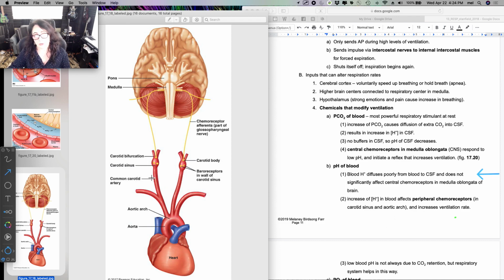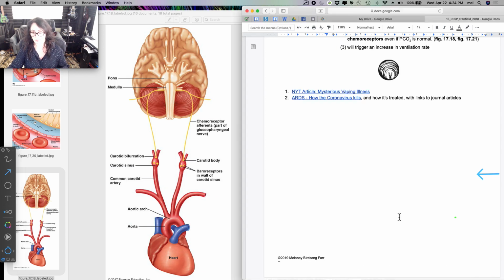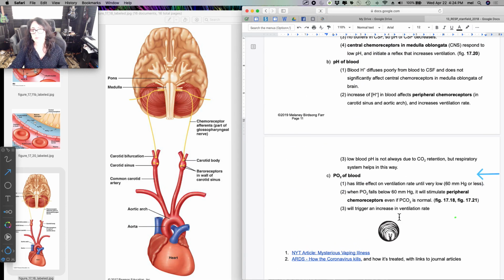So the increase of H plus, if detected at the carotid sinus or the aortic arch, that sensory information is going to be sent via a nerve that you don't really care about, the glossopharyngeal nerve. It's going to be sent to the medulla oblongata and the pons, and then it's going to say, oh, the pH of the blood is too low.